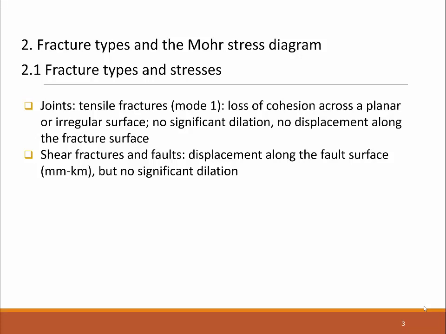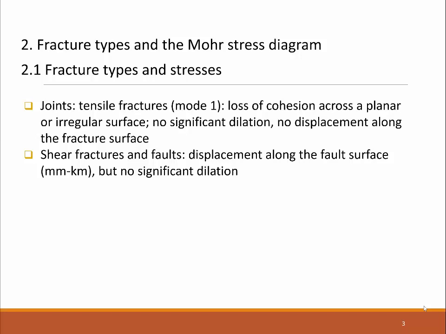Mineral bonds, atomic bonds have broken across these planar, usually planar, sometimes irregularly shaped surfaces. There is normally no significant dilation. These are just cracks, and what we do not find along joints is displacement along the fracture surface.